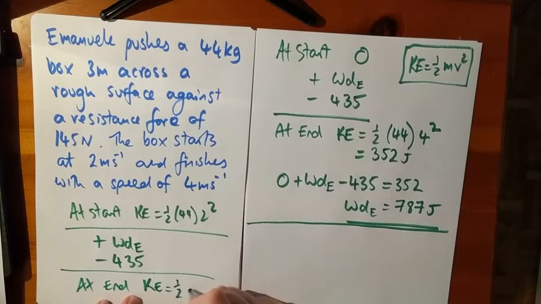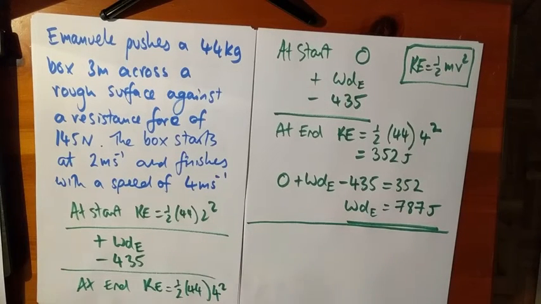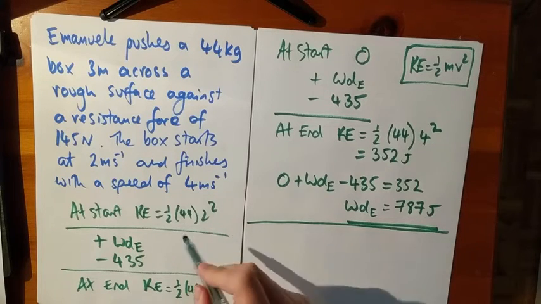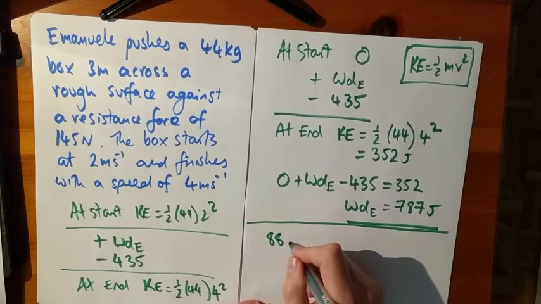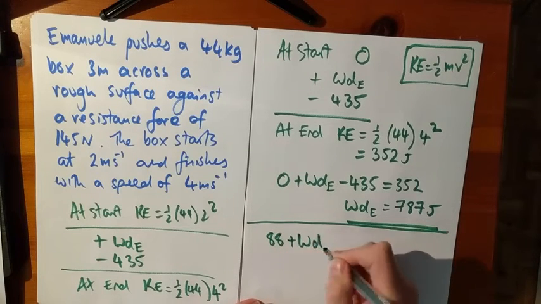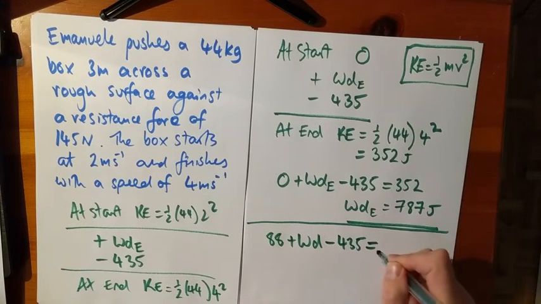This is a half times 44 times 4 squared. So putting that together, we get an equation, and the kinetic energy at the beginning is 22 times 4, so that's 88 joules, plus the work done, take away 435 from the resistance, and it equals 352.